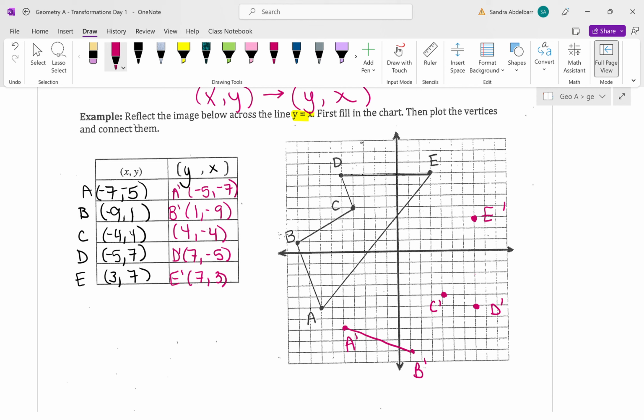Huh, did something go wrong here? No, it looks right after you connect. You're right, it does look right.